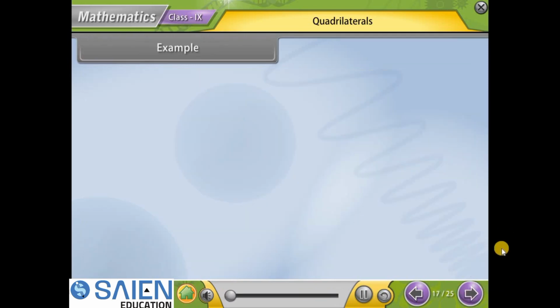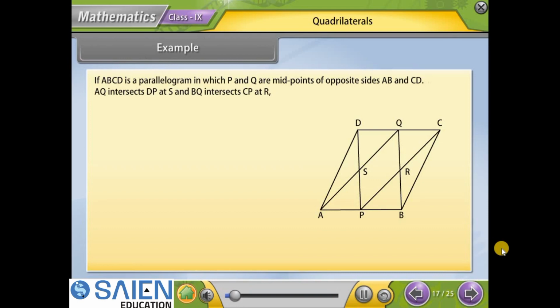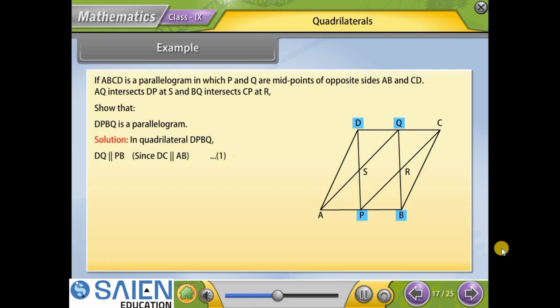Example. If ABCD is a parallelogram in which P and Q are midpoints of opposite sides AB and CD, AQ intersects DP at S and BQ intersects CP at R, show that DPBQ is a parallelogram. Solution. In quadrilateral DPBQ, DQ is parallel to PB since DC is parallel to AB.